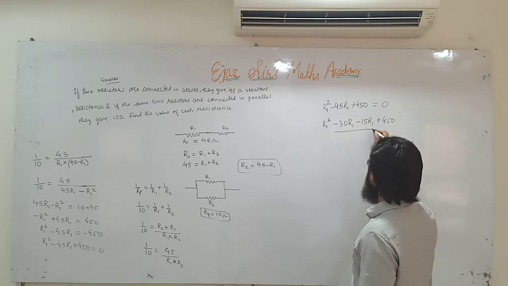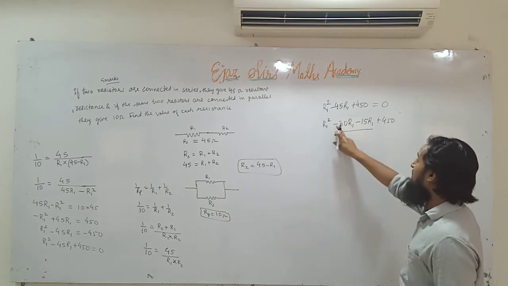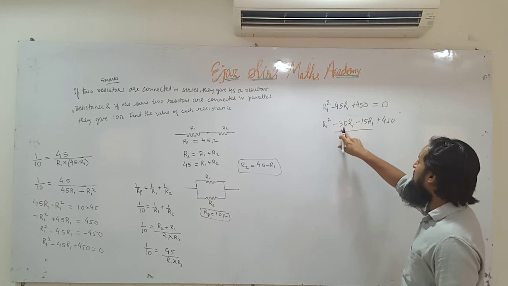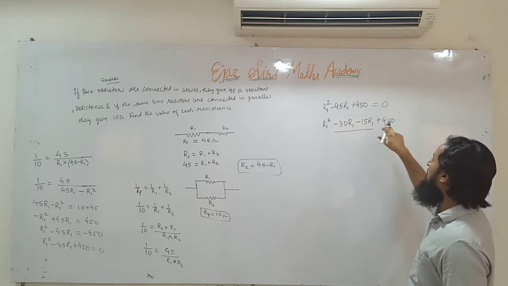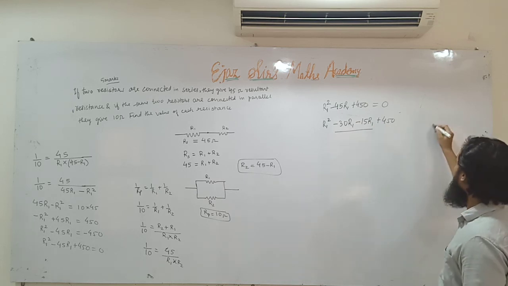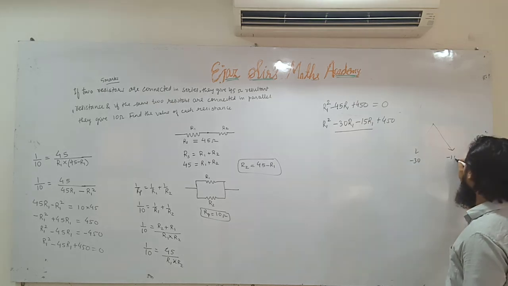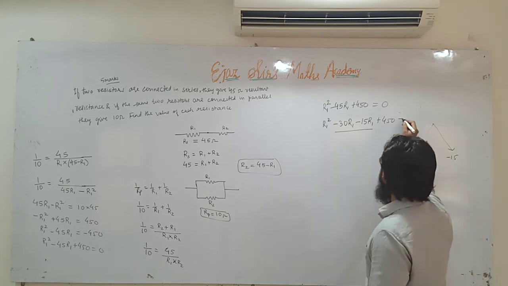Why have I written it like this? Because if we add these two, minus 30 minus 15 will be minus 45. And if you multiply them, minus 30 into minus 15 will give us 450. You write like this in mathematics: if you multiply them, you get 450, and if you add them, you get minus 45, is equal to 0.